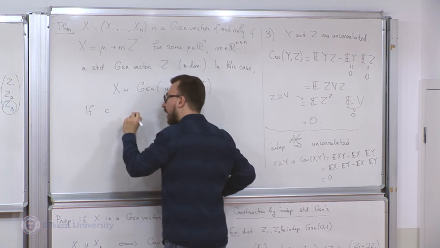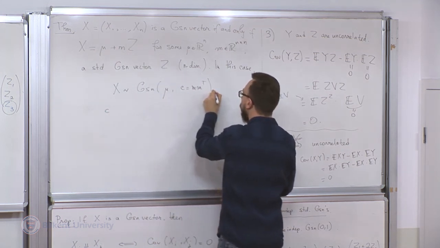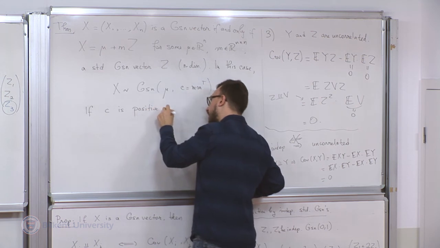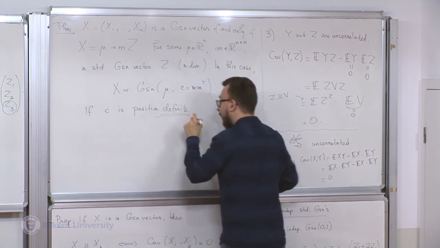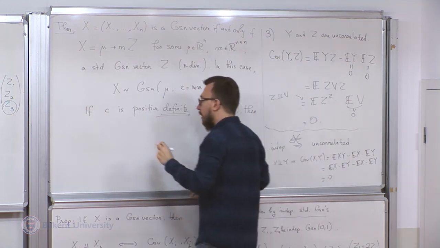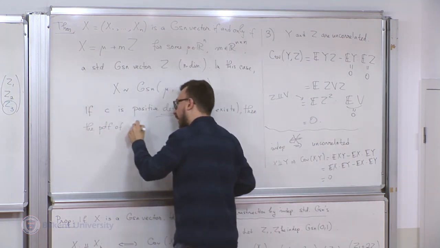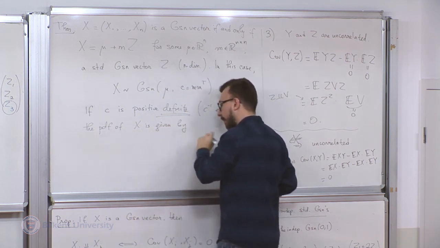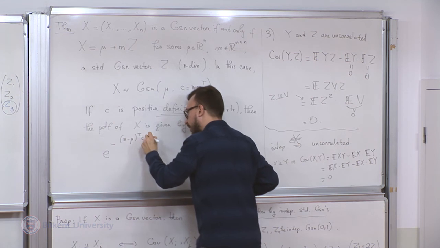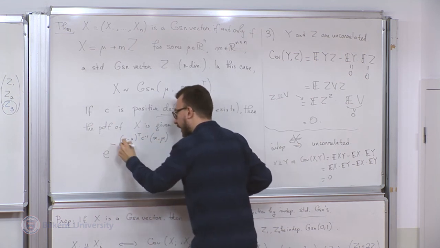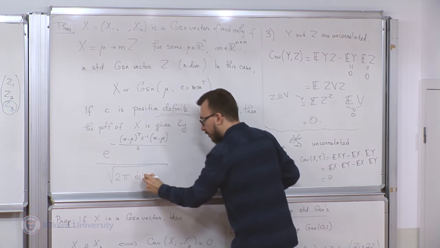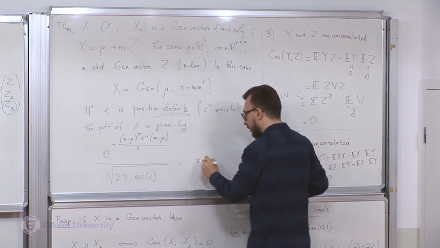If C is positive definite, not semi-definite, definite, namely C inverse exists, then the PDF of X is given by e to the negative one half of (x minus mu) transpose C inverse (x minus mu), divided by the square root of (2 pi)^n determinant of C, for x in R^n.